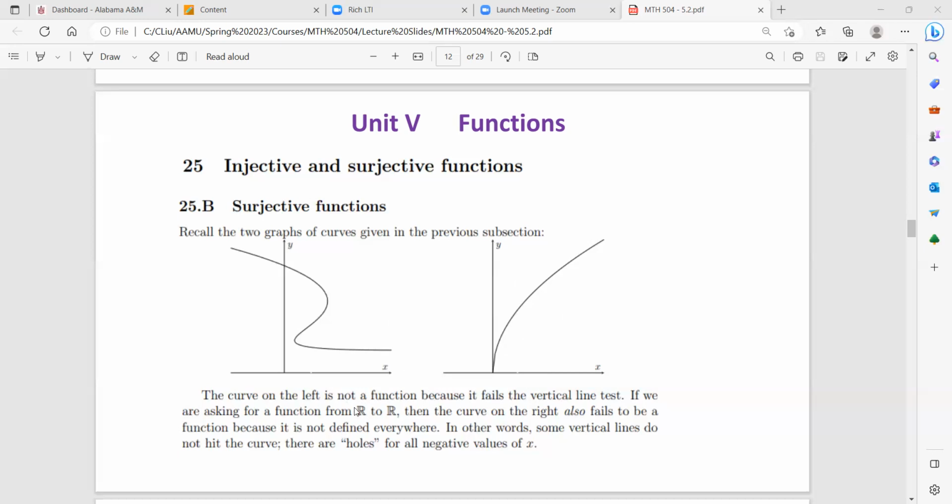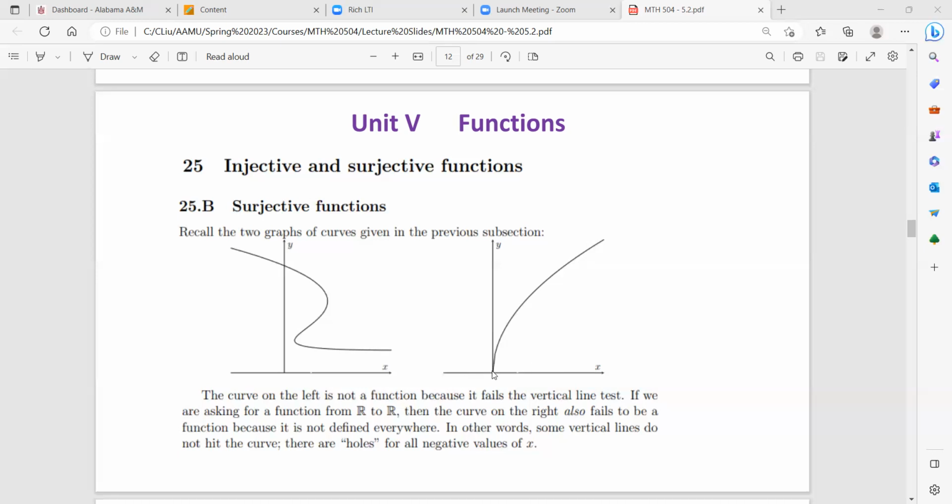For each element in the domain, you map only one element in the codomain. So you need to map negative x values into some real number or real numbers. But in here, the curve only includes the values of non-negative x.